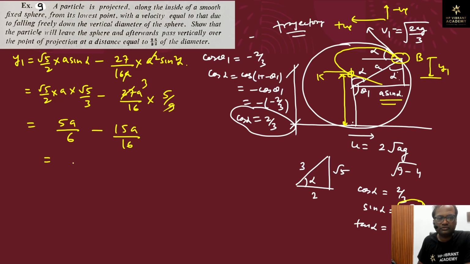This is equal to 5a common, 1 upon 6 minus 3 upon 16.